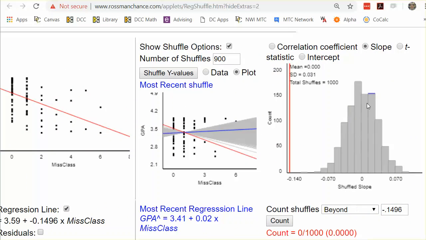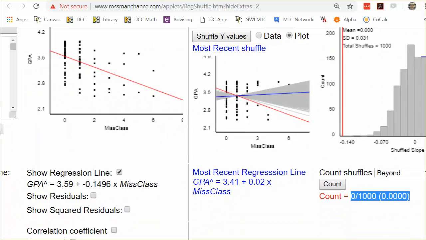It never happened. So we never observed a slope anything close to this when we assumed that there was no association by randomly shuffling the y values. And therefore, we're fairly confident that what we observed is actually significant. Okay, so the p-value is 0 right there.